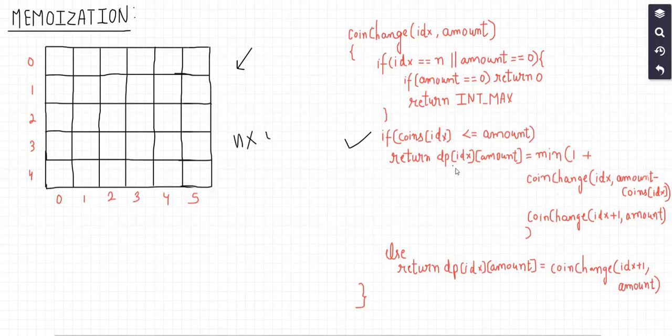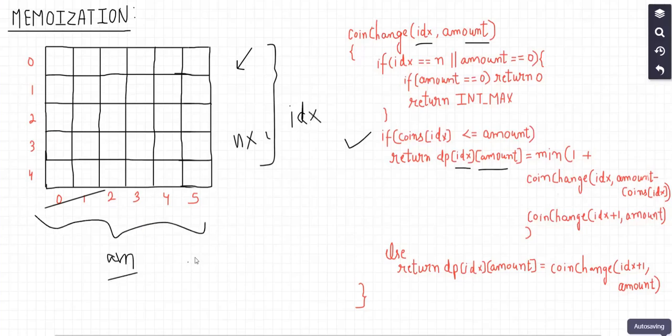that means I can use this coin. So for the result that is returned by these function calls, I will store that result for that particular index and amount in this DP array. So this dimension is basically representing the index, and this dimension here is representing the amount.